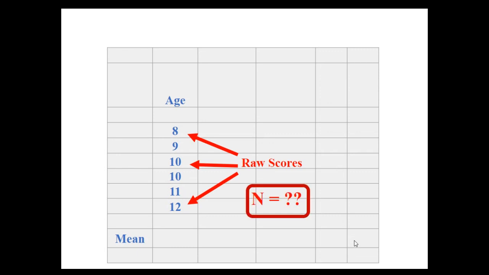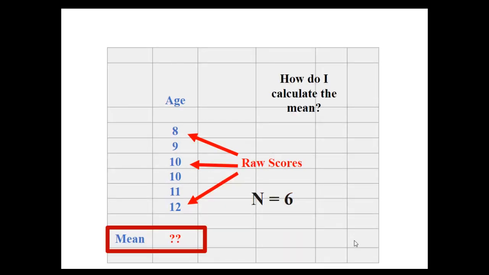And what is N for this data? Now remember, N is the number of individual scores in the sample. So what is N for this sample? Okay, you probably got that right. There are 6 here, so N equals 6. Now next we need to calculate the mean.